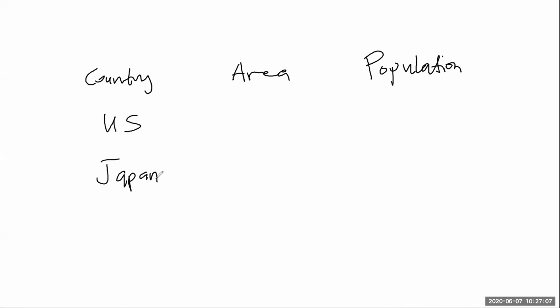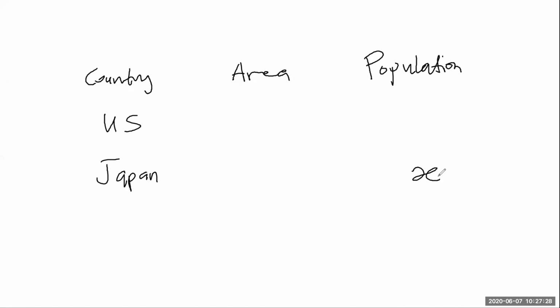But the question says, how many people will be expected to live in Japan? So we assume that we do not know the population of Japan. So under the population of Japan, we're going to put X and repeat every other piece of information that goes for Japan and the United States.